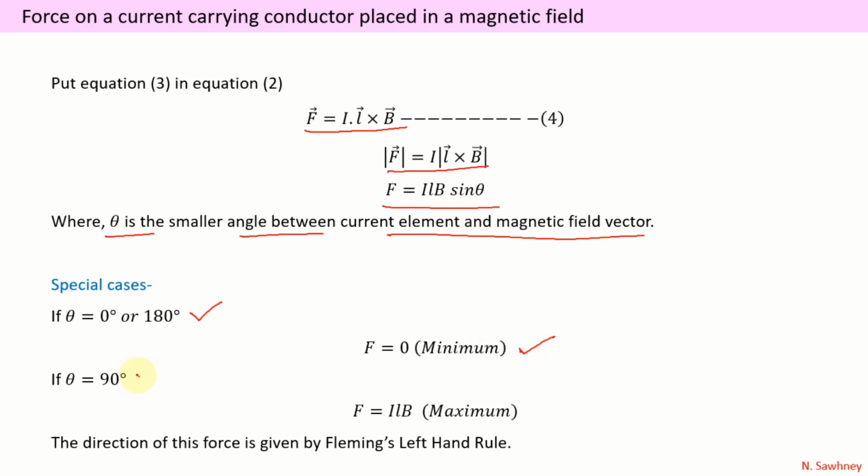And when theta is 90 degrees, that is when the conductor is placed perpendicular to the magnetic field, it will exert maximum force, that is ILB, because here sin theta will be 1, and this direction is given by Fleming's left hand rule. Let us go through the rule.